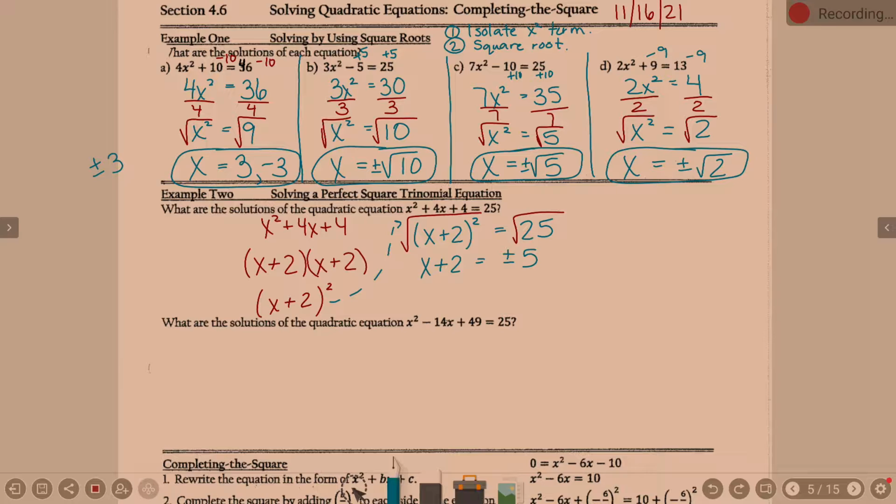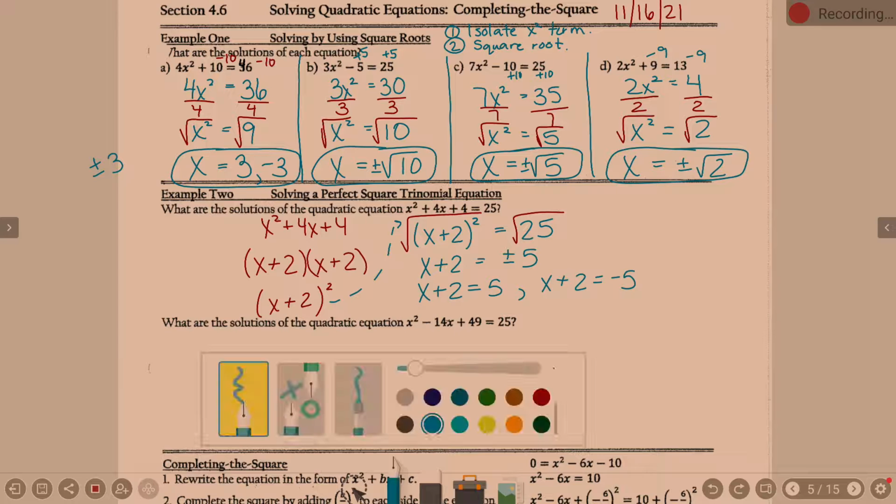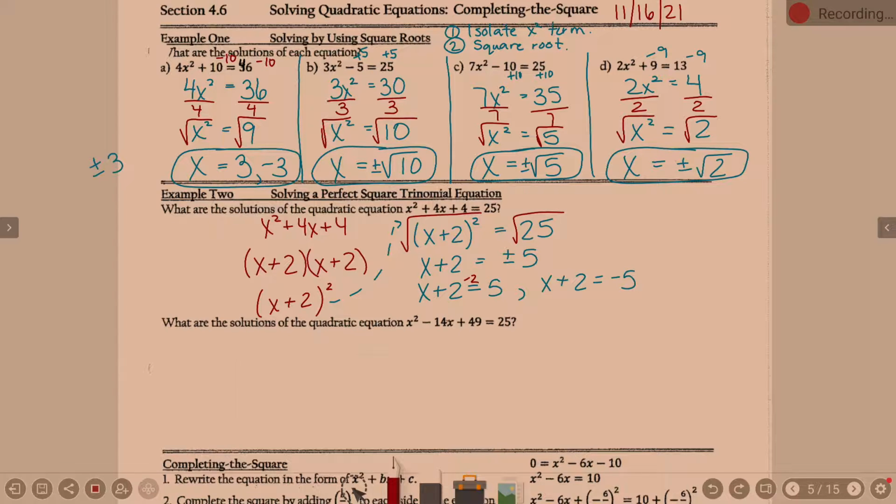Now, the visual, to make sure I've got everyone with me, is really what we're doing: x plus 2 equals positive 5, and x plus 2 equals negative 5. So you may or may not need that visual there, but there's two equations we're solving. In both equations, since it's x plus 2, we're going to subtract 2.